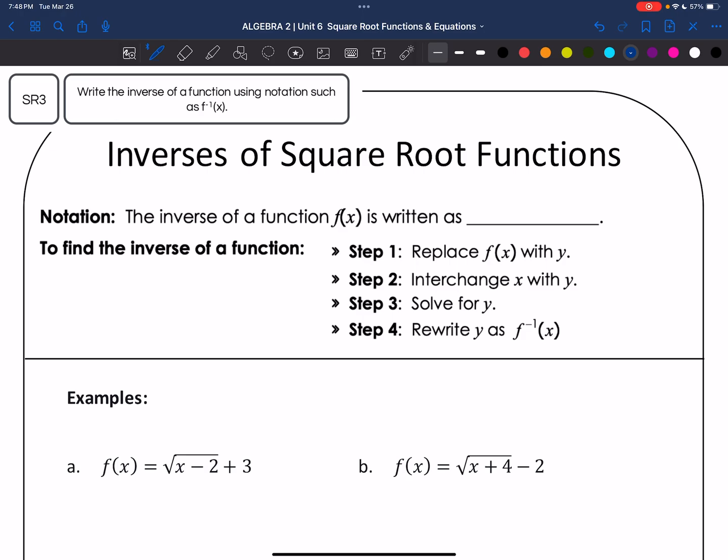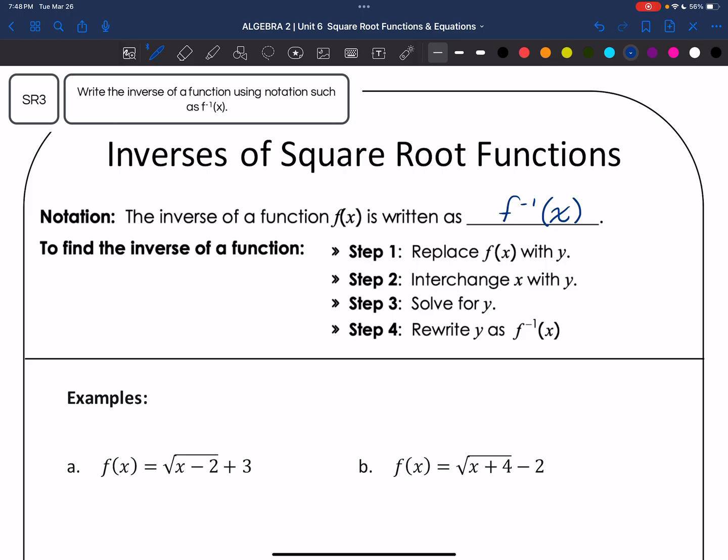The notation. The inverse of a function, if that function is called f of x, would be written as f and then a little -1 in the exponent or superscript area, and then the input of x.